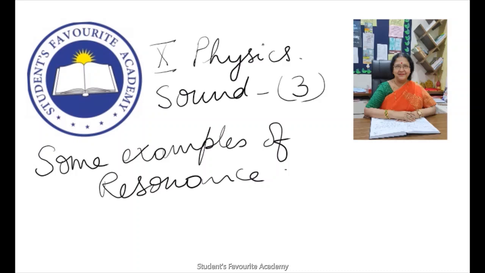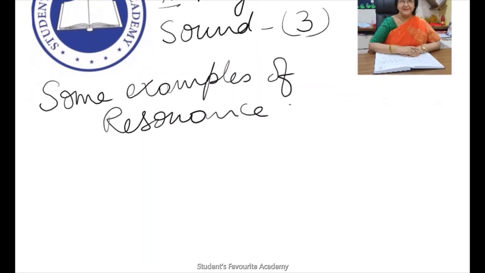That is called resonance. So basically, for resonance, the frequency of the applied force on the body must be equal to the natural frequency of the body. Then the body will start vibrating with a larger amplitude, and these vibrations are called resonant vibrations. Now let us take some examples. It will be more clear.